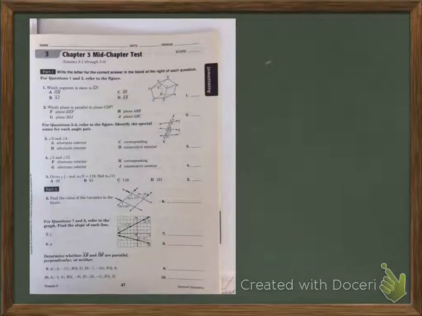Here is 2 right here and 4 right here. It looks like one is inside 2 lines and one is outside the 2 lines, PQ. So they are both on the same side, so that would indicate that they are corresponding.